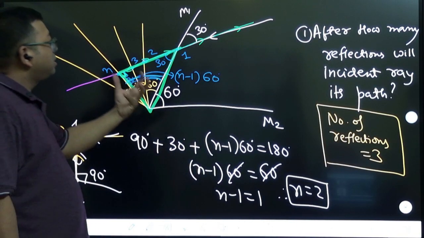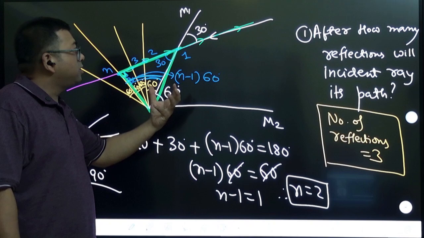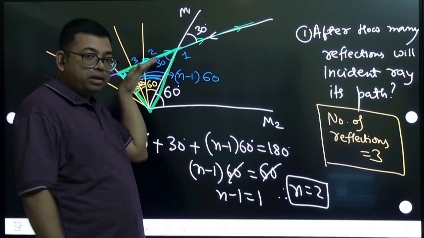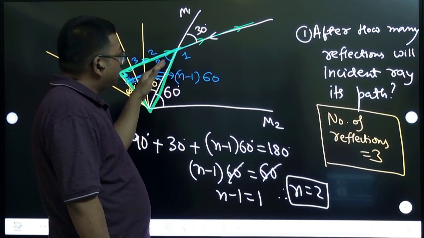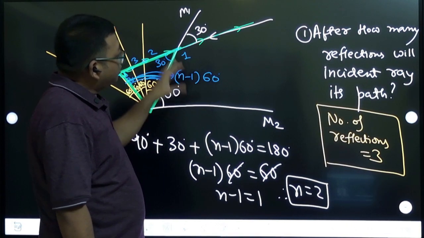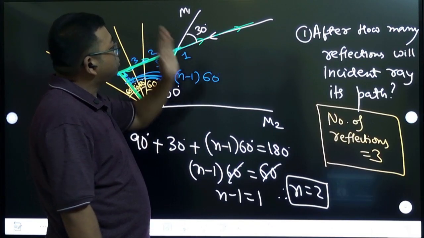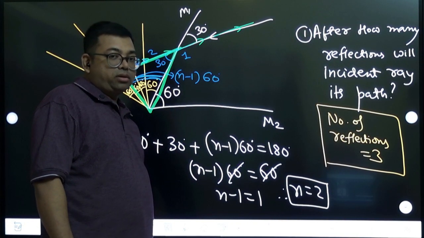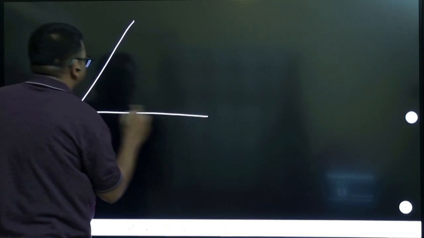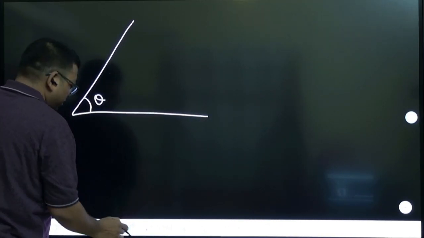Now in this type of questions, there is also a type of question that can come, that this ray which is coming here, hitting here, may become parallel to one of the mirrors after reflections. Okay, so let us take that example, a model question. Suppose two mirrors are there and this is angle theta, let us say.